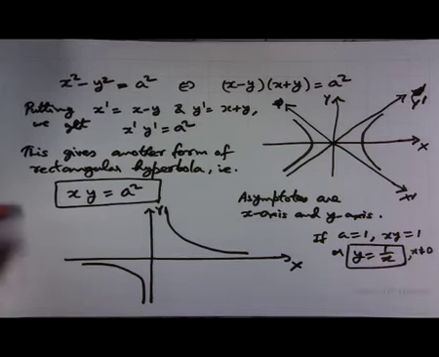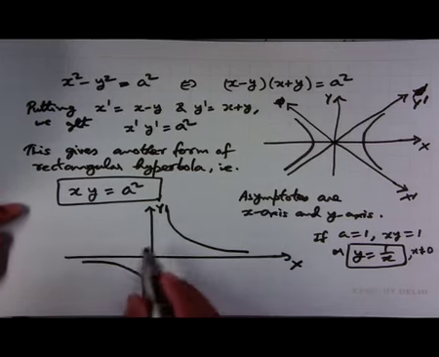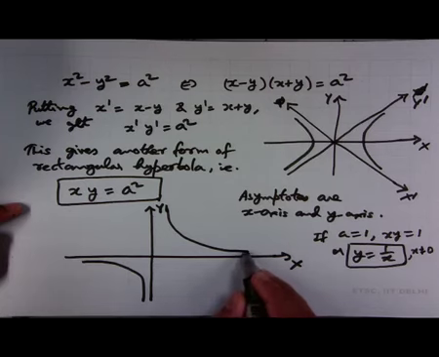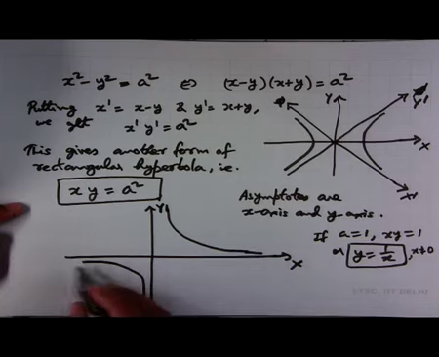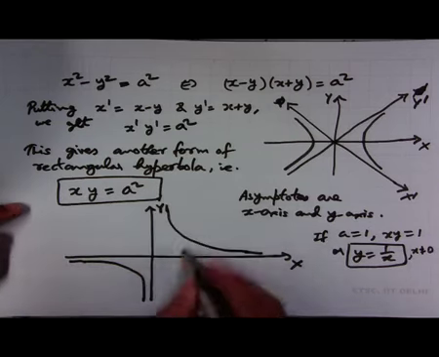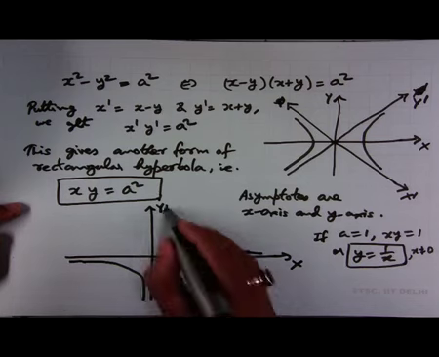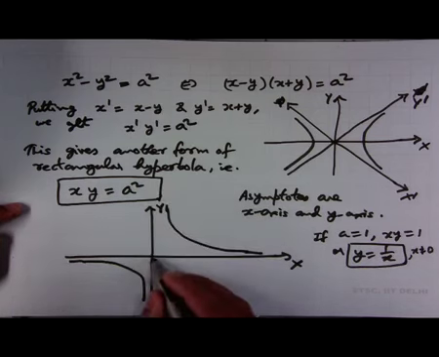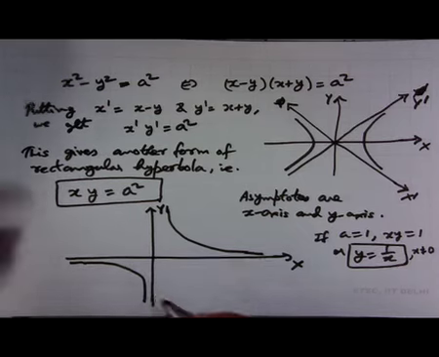It is defined for all x non-zero, and as x goes to infinity, this goes to 0 and as x goes to negative infinity, again it goes to 0. As x goes to 0 from the right hand side, y approaches plus infinity. As x goes to 0 from the left hand side, y approaches minus infinity.